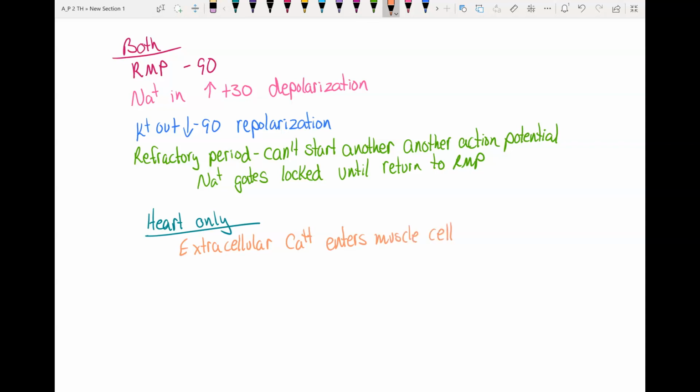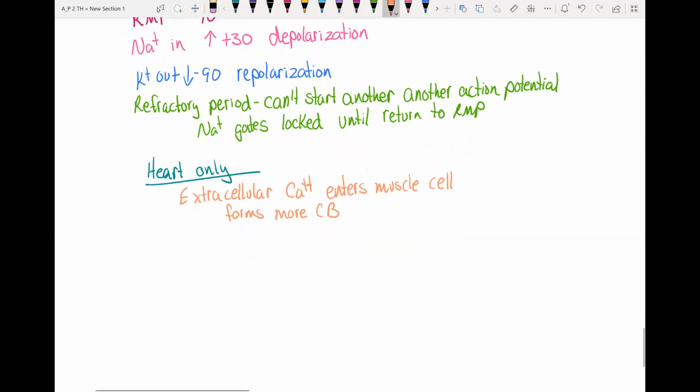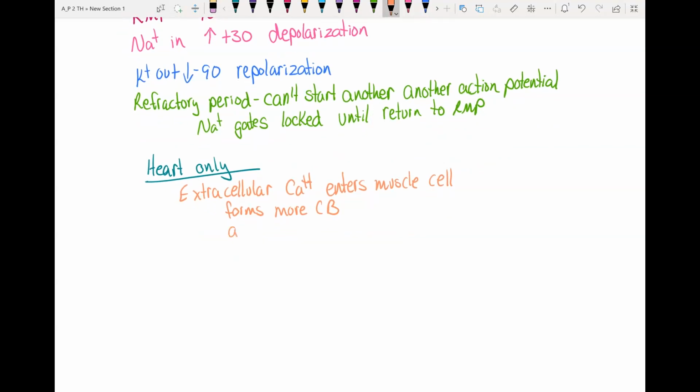And we already talked about this extracellular calcium forms cross bridges. And this is what gives you more cross bridges. The more of it you let in, the more cross bridges you get. It also raises voltage because it is a cation that's entering.